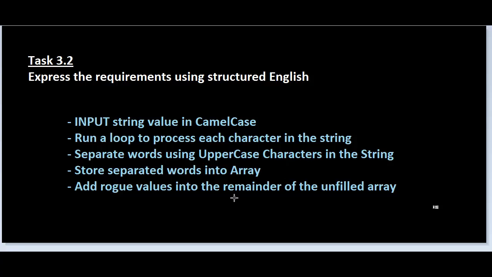And finally, if there are still some unfilled elements left in the array, we are going to add rogue values into the remaining part of the array. So the key concept here is that we are going to be using the English language to explain the whole process, and we should do it step by step such that each step is explained in a separate line. So that is task 3.2 for you.